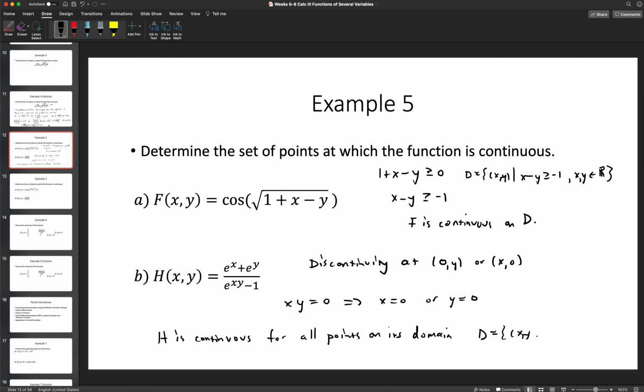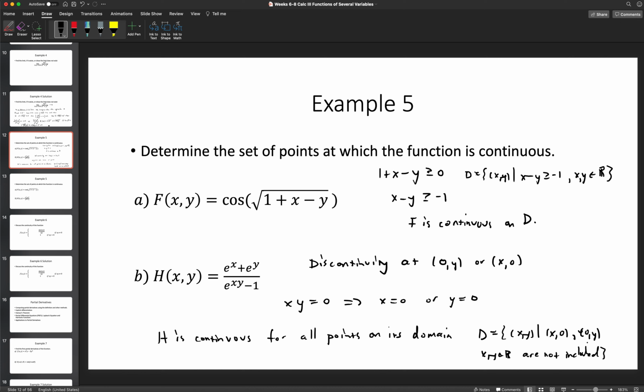It's the set of ordered pairs x, y such that the points 0, y and x, 0, where x and y are real numbers, are not included.